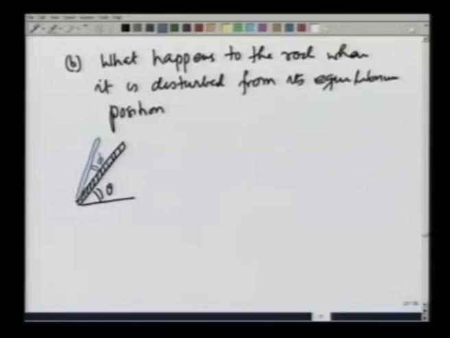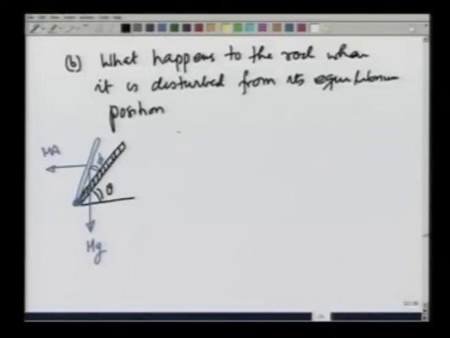What happens then? Naturally, there is a force ma working to the left, mg pulling it down, and if I write the equation for theta plus phi about the pivot point here, let us see what that equation looks like.